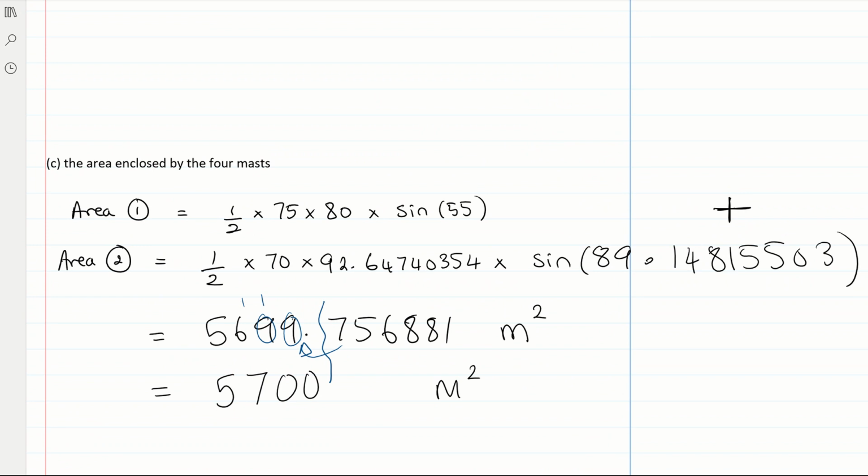So you could round up, or you could leave it, as they haven't really asked for a level of accuracy. And this is solving problems using trigonometry.